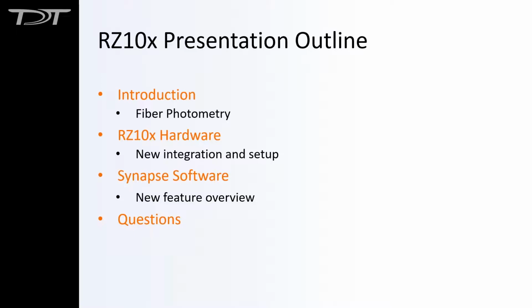And then we'll jump into the Synapse software, which is used to control the RZ10X, and we'll go over some of the new features that we've added in order to make a more simplified fiber photometry experience. And then finally, I'll open up the floor for questions. So feel free to type them into the chat box, and we'll have some available time at the end to answer those questions.